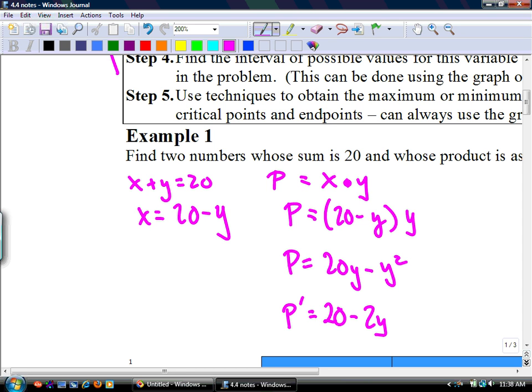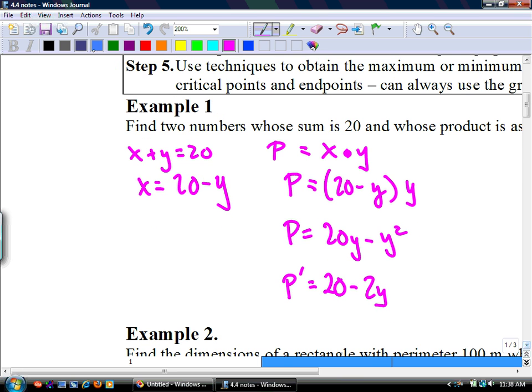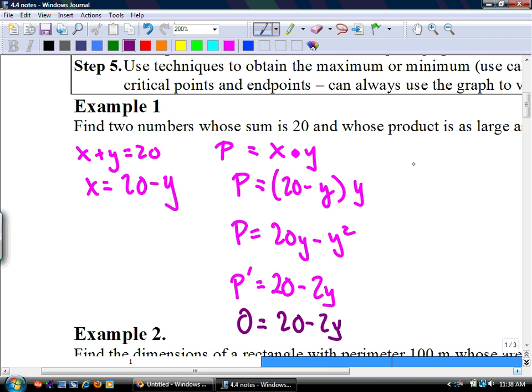Don't have to do it implicitly. Make it equal 0. Solve for y. y equals 10.